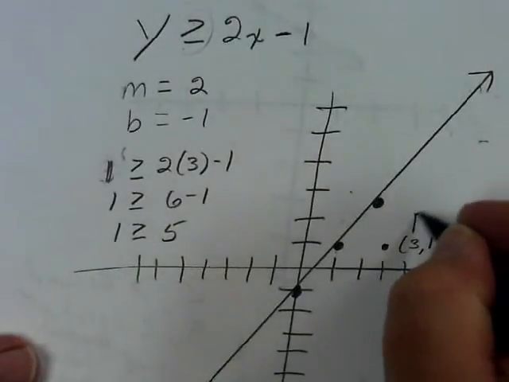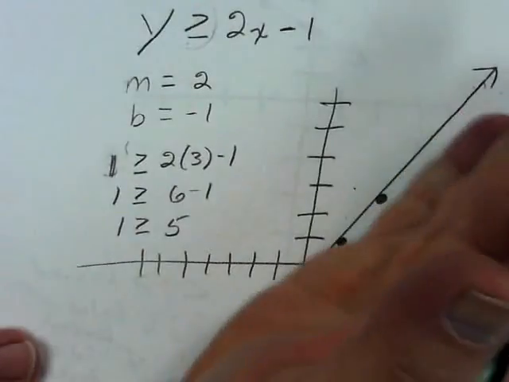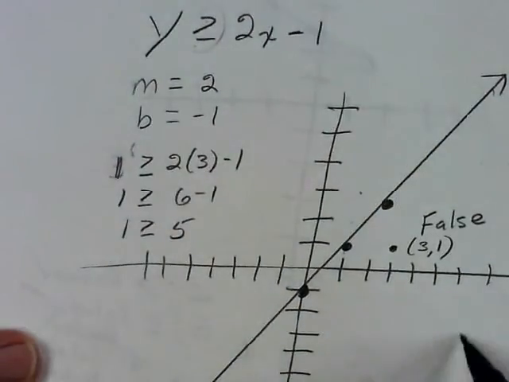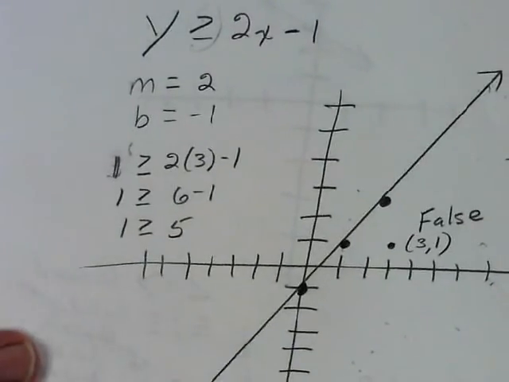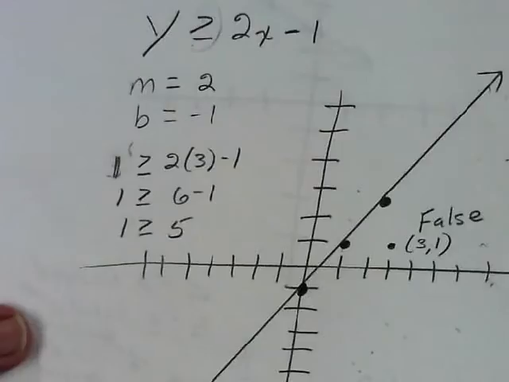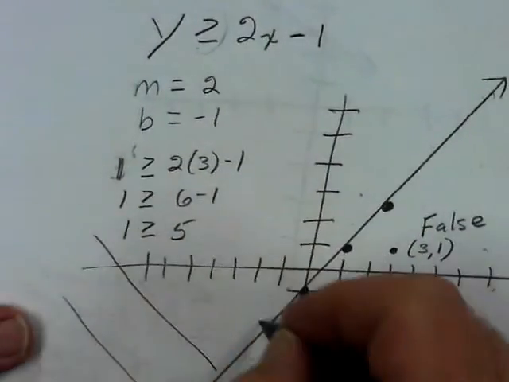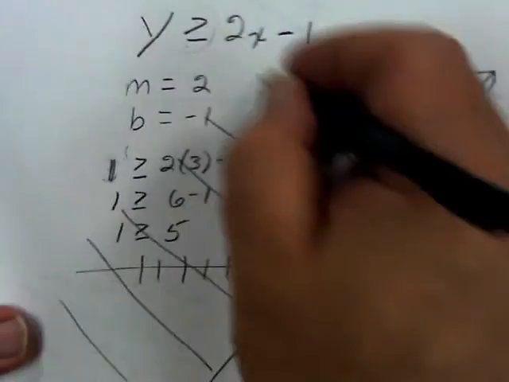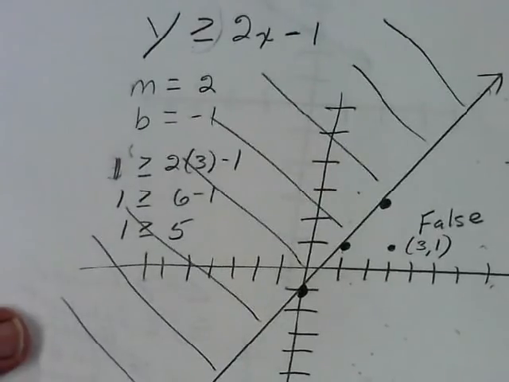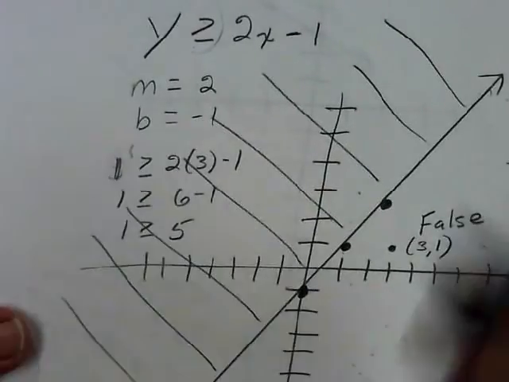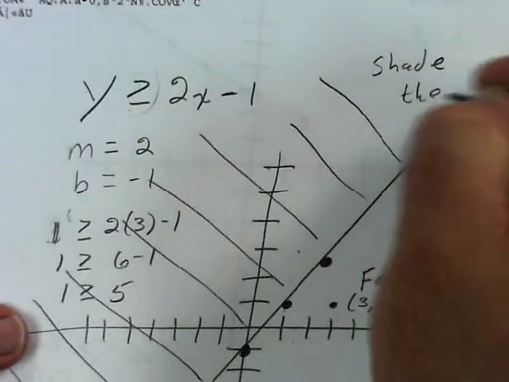So this side is now false, isn't it? This whole side down through here, because any point that I pick on this side is going to make it false. So I shade the true side, which is all of this up here, in your colored pencils or whatever you want to do. I always shade the true side.